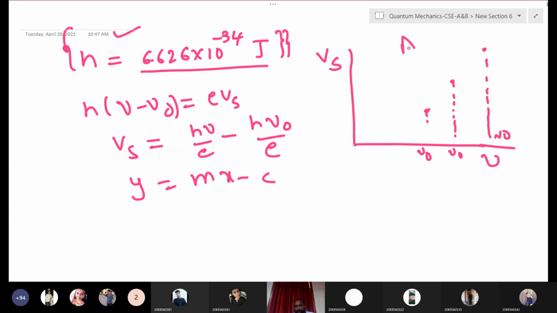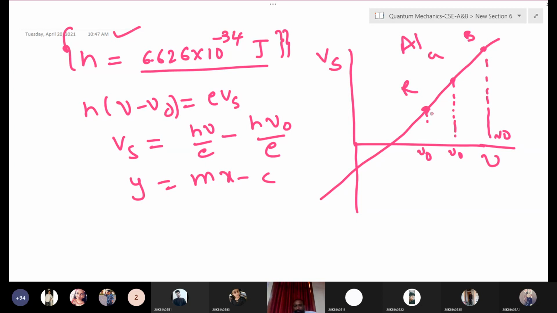But we are taking only one metal, suppose aluminium, and the color is different: red, green, blue. So you join these points and you will get this curve. Someone is unmuted, please mute.